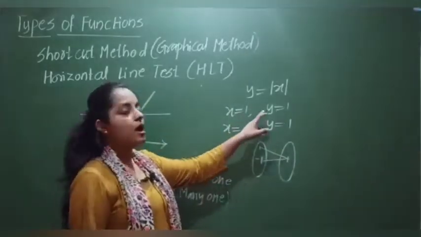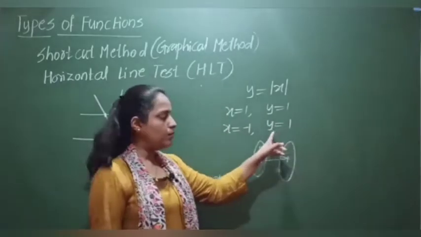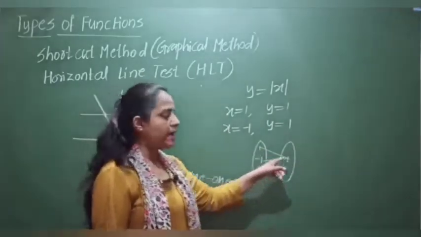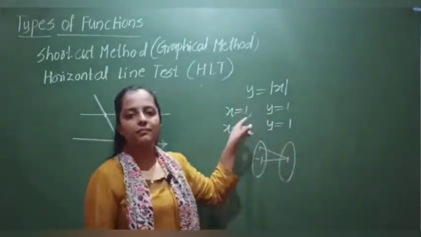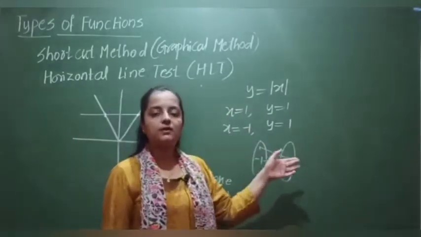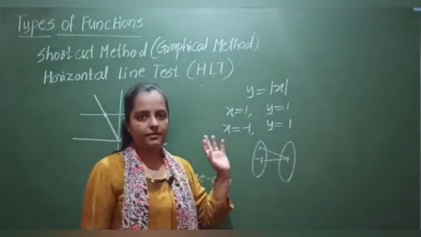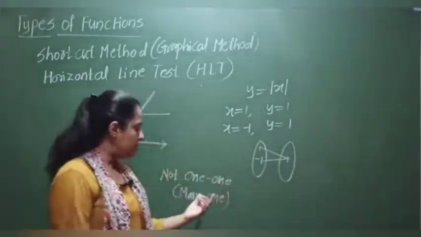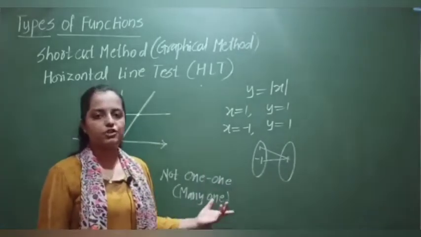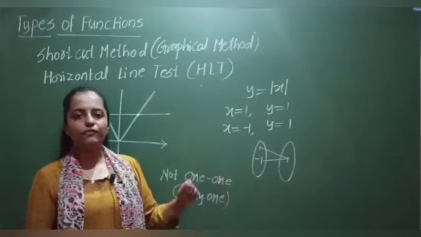X equal to 2, we are getting y as 2, x equal to minus 2 also, y equal to plus 2, okay? So 2 and minus 2 have the same image, 3 and minus 3 also have the same image, 4 and minus 4 also have the same image. Therefore many elements are connected to the same element, so this is not a 1-1 function, this is a many-one function. Hope you are all understanding this one.